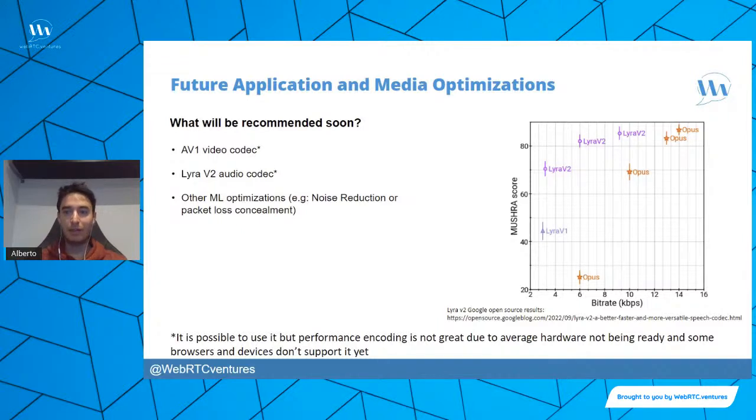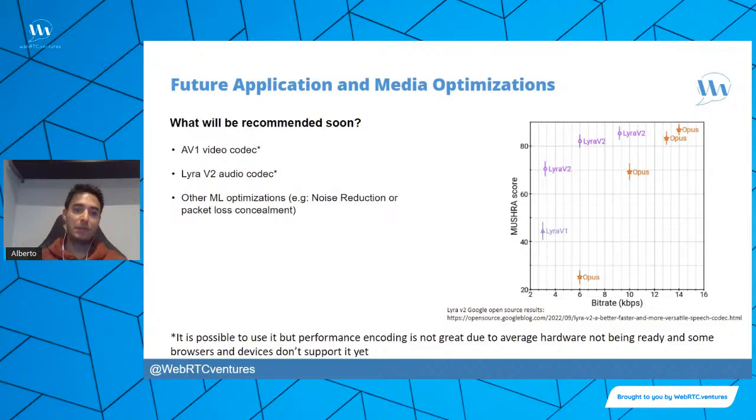It looks really good: at lower bit rates, almost half of the bit rate, it achieves the same level of quality or score as Opus. So that also means a reduction of the bit rate needed.